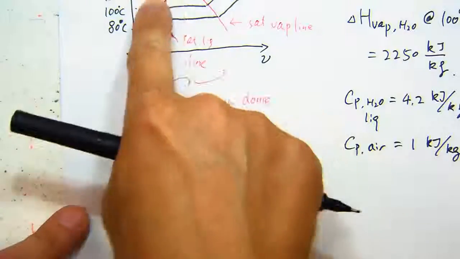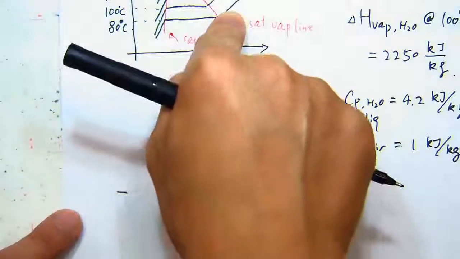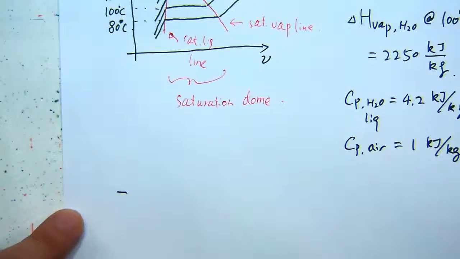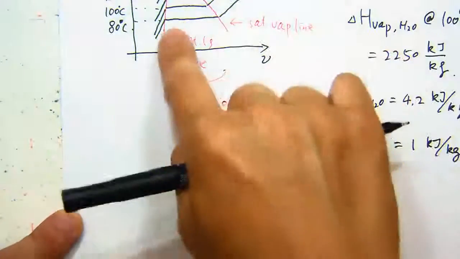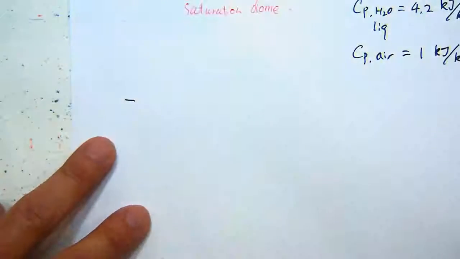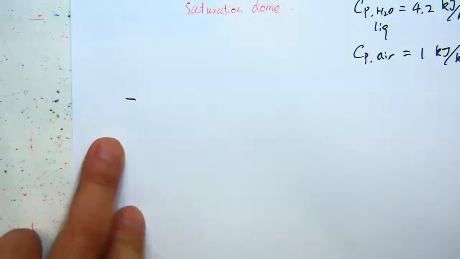So during this horizontal process, the temperature and pressure are dependent on each other, right? Which means we lost one of the important independent intensive properties, so we need to define another one to describe the process. All right? So that's what we are going to discuss in a minute.